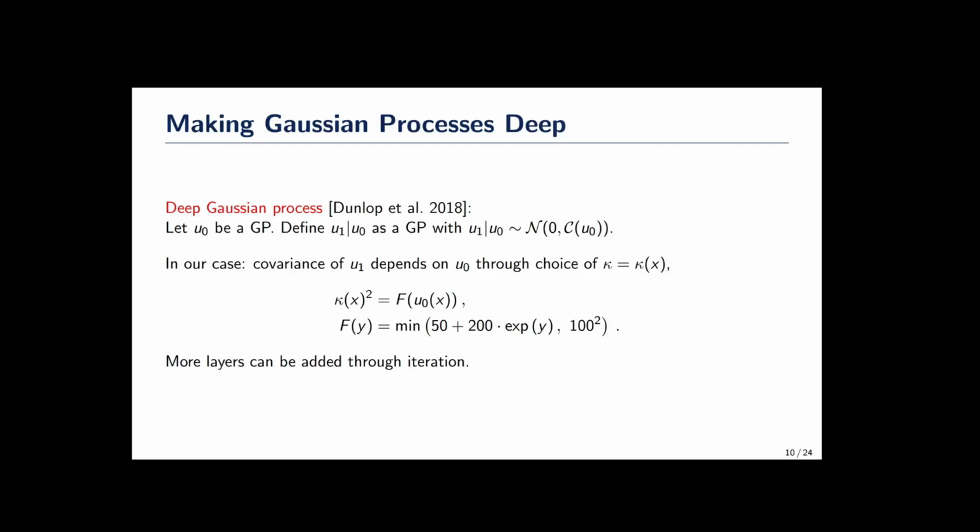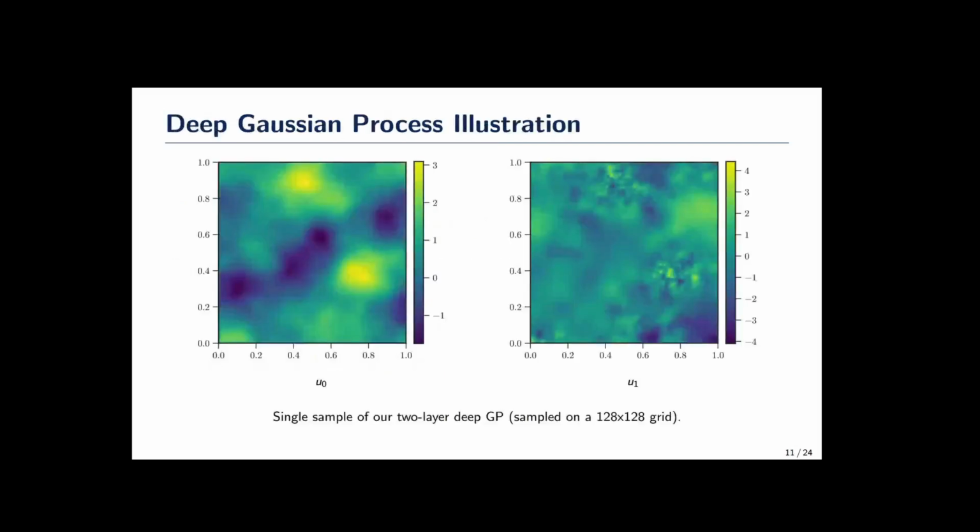And technically, you could add more layers. So you could add U2 that depends on U1 and then U3 that depends on U2. But for this case, we just stick with 2 layers. So just to illustrate a bit more what the deep Gaussian process that we are looking at looks like, this is just one sample of our deep Gaussian process. On the bottom layer, it is simply a standard vanilla Gaussian process. So there's nothing interesting happening here, so to speak.